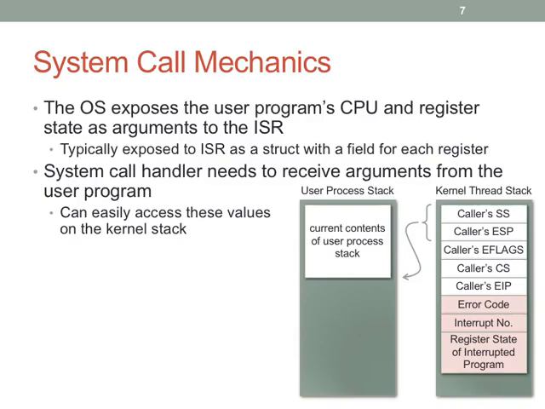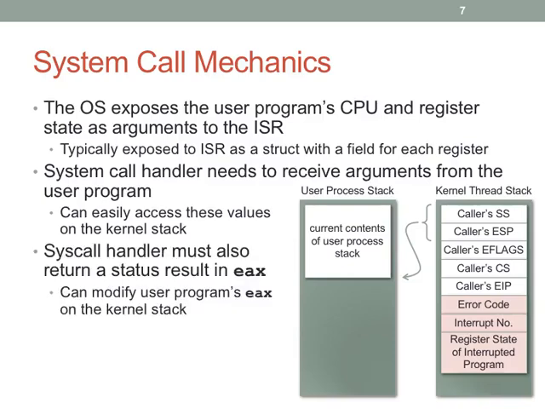Like I was saying, all we really need to do is cast ESP to a pointer to a struct of the appropriate type, and then all of this junk becomes accessible. And that's what's so cool about this mechanism, is that it's really easy to access and manipulate the machine context and work with those values. Okay.